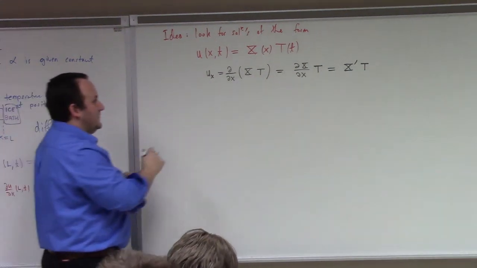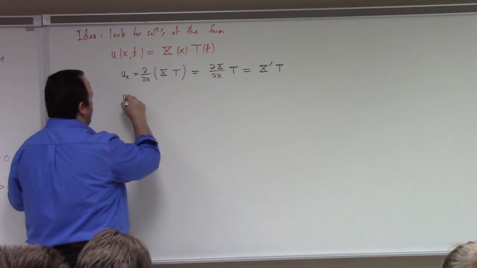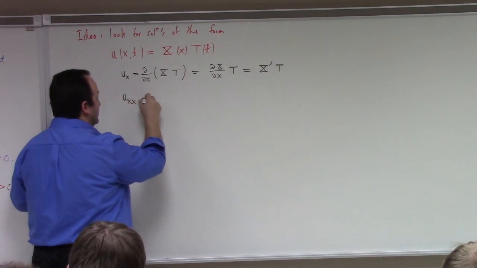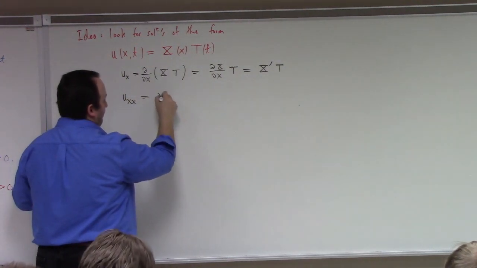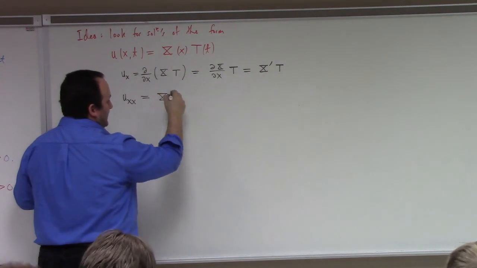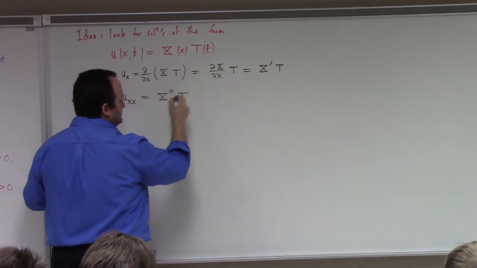And vice versa, if we calculate u_xx, what's that going to work out to? The T pulls out, and we just get X prime prime T, right?